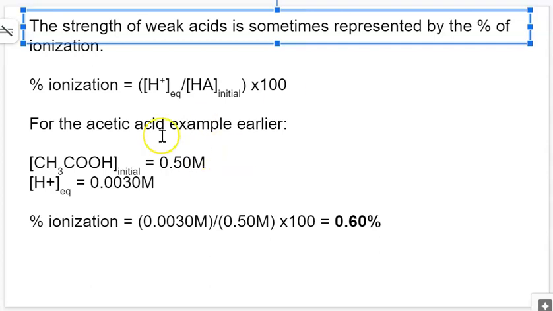For example, in that previous problem, we had 0.5 molar acetic acid to start with, and we calculated that the hydrogen ion concentration that we produced was 0.003. So to calculate the percent ionization, we do 0.003 divided by 0.5 times 100, and we get 0.6%. So weak acids sometimes only dissociate by less than 1%, and that's just what the equilibrium is.